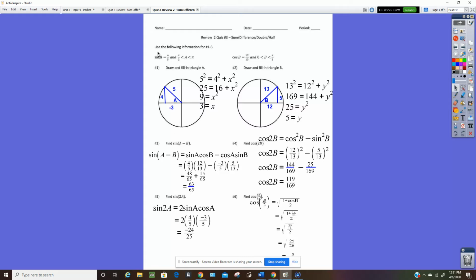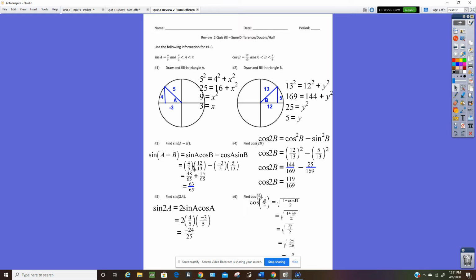It's 4/5, and that's given up here. And the cosine is also given, but it's the adjacent over the hypotenuse, 12/13. And then subtracting the cosine of A is the adjacent, -3 over 5. And the sine of B is the opposite, which is 5, and the hypotenuse is 13.